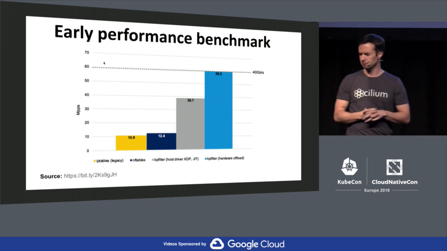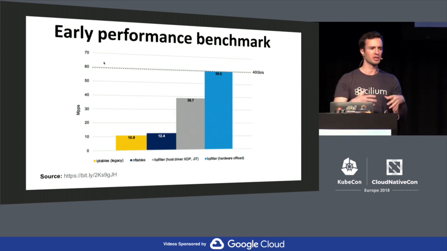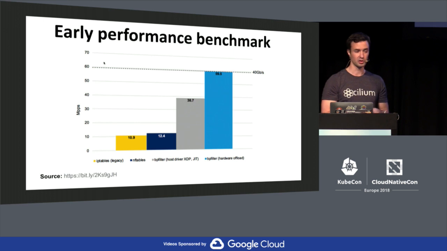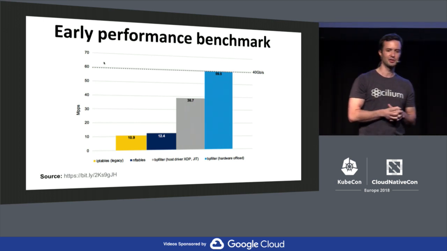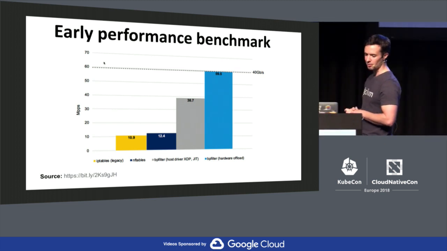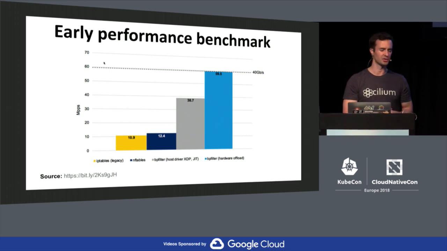So this graph is an early benchmark that shows in yellow existing iptables performance, and in blue nftables enforcement, which was supposed to be the successor for iptables. It has been trying to do so for 10 years, but it's never really taken off. And then BPF filter, which is more than 3 times faster.